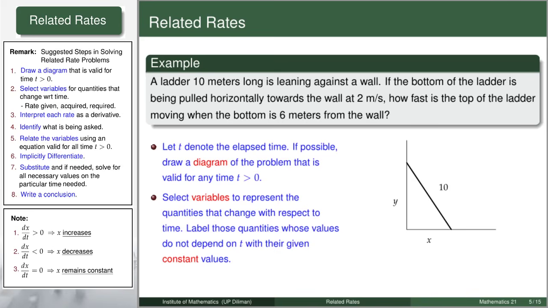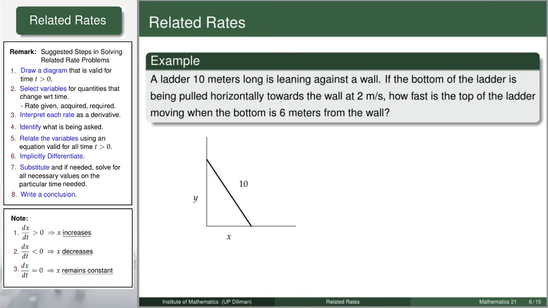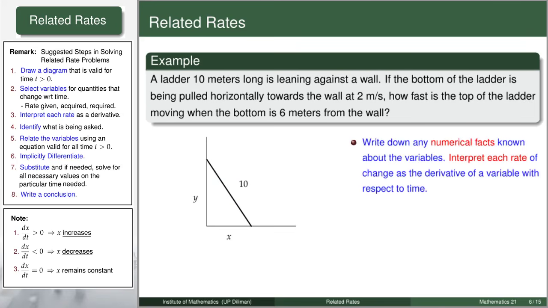Now let's go to the third part, which is also a very important part of our steps, very closely related to our variables. The third part states that I need to write down the numerical facts and interpret each rate as a derivative. So that means it is not enough that I have a rate of 2 meters per second. I need to write that as a rate, or in this case, as a derivative.